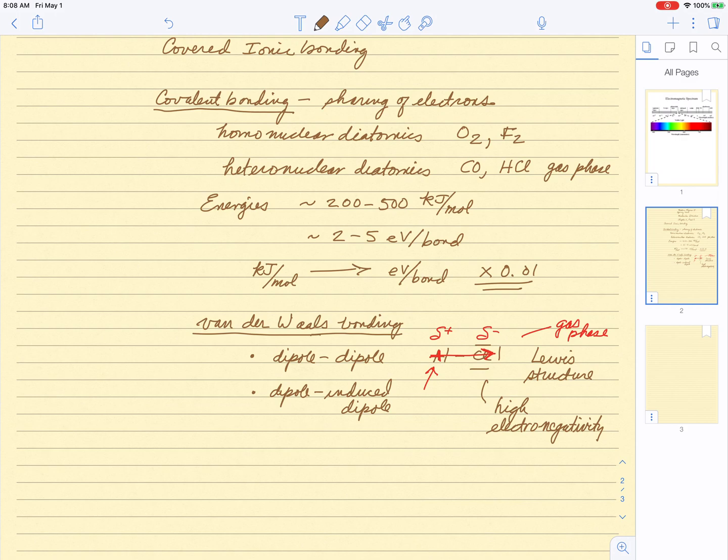So dipole induced dipole. And then lastly, there's what are called dispersion forces.